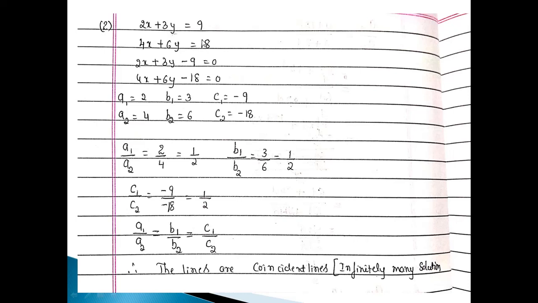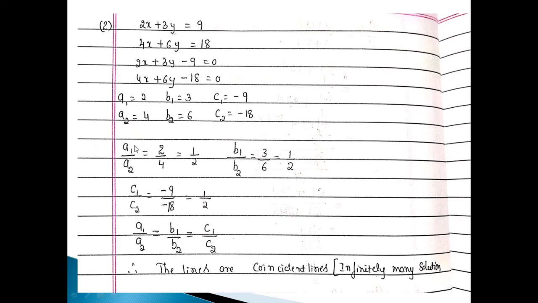So I already told you, shift this 9 towards left, this becomes minus 9 is equal to 0, and 18 towards left, that is minus 18 is equal to 0. Compare A1, that is 2, B1 is 3 and C1 is minus 9, and A2 is 4, B2 is 6 and C2 is minus 18.